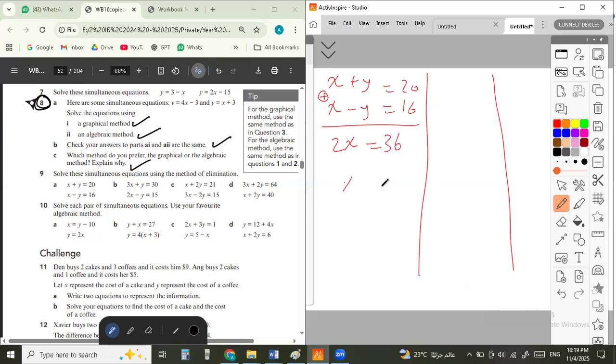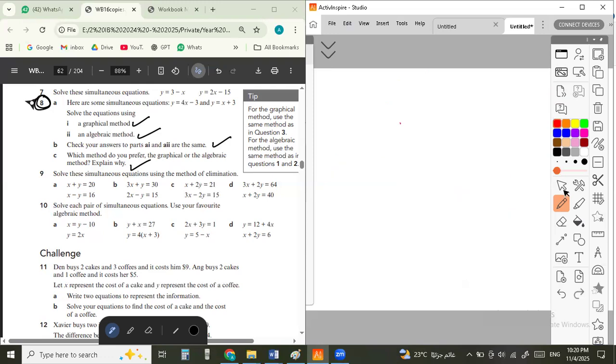So x is 18. Substitute in the first equation to get y. So x is 18 plus y equals 20, then y equals 20 minus 18, which is just 2. You go and you check, you find that your answer is correct.